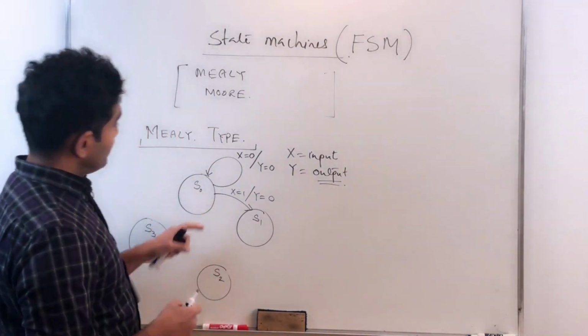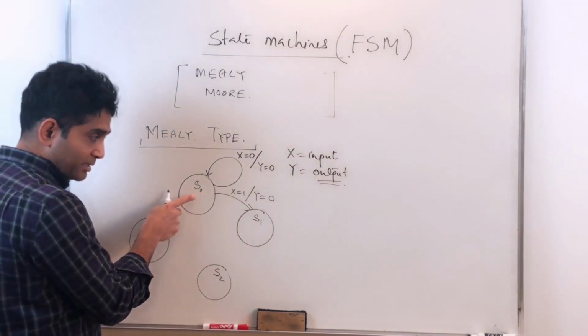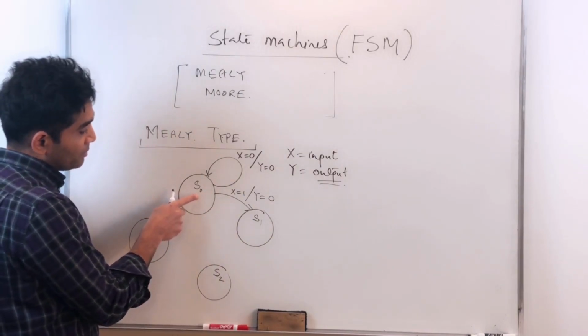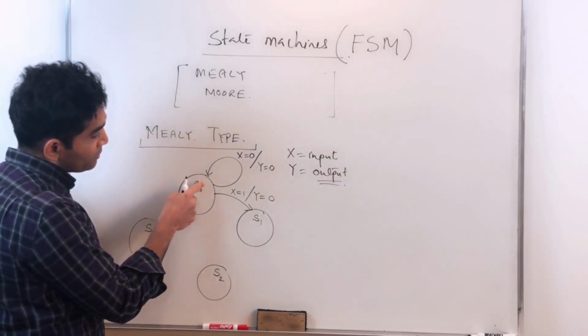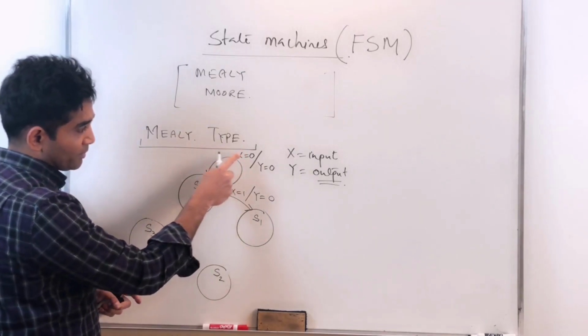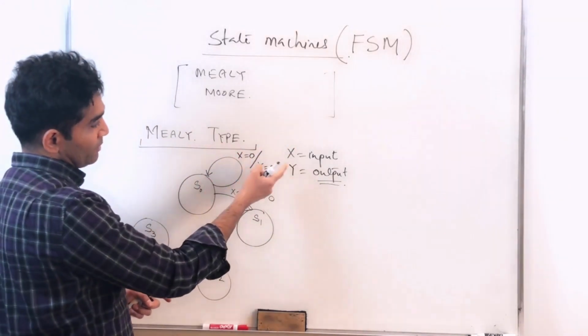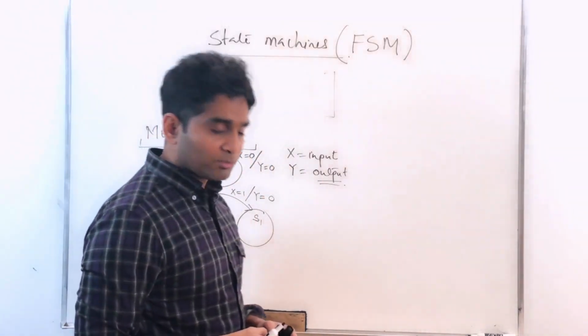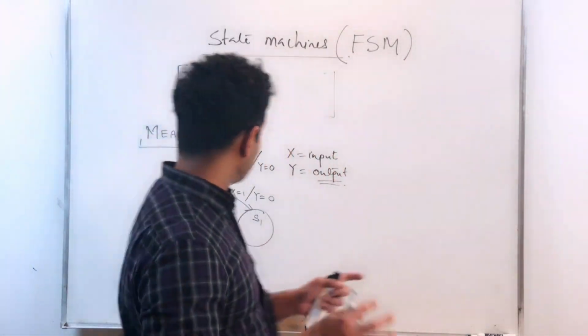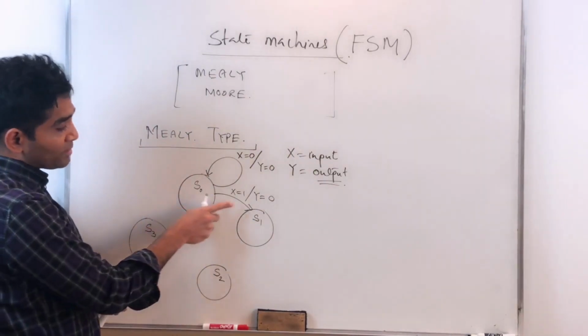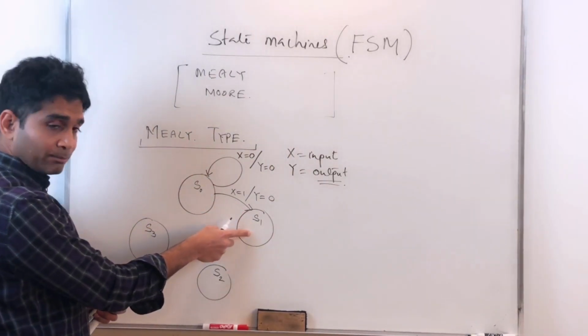So again, I would work with each state at a given time and look at all possible combinations of the inputs. So in this case, of course, I have a single input. So the only possibilities are x equal to 0 or x equal to 1, which I have covered in this case. So now I move on to the next state and do exactly the same process.